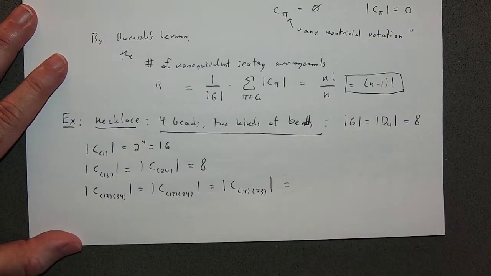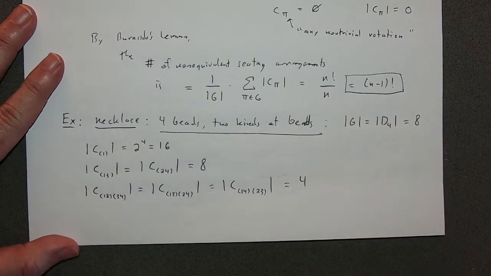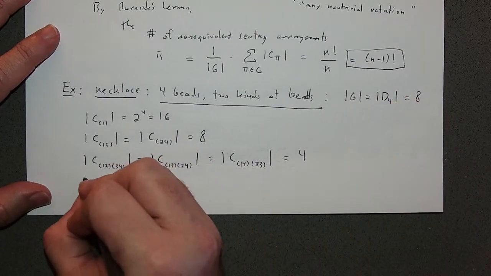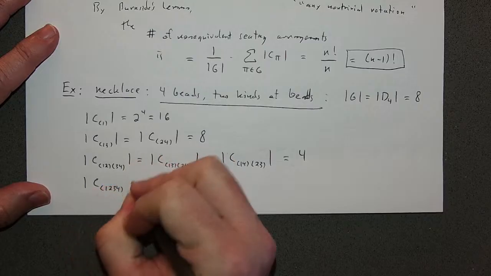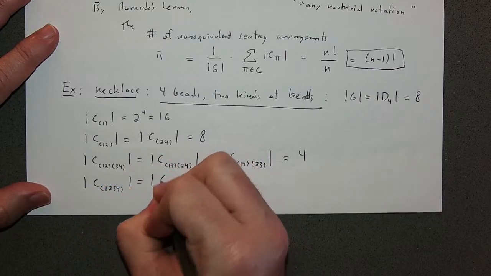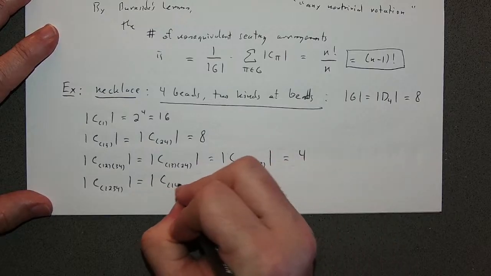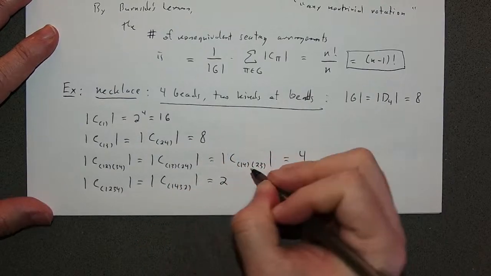What about the size of these invariant sets? These have size 4. And the 4 cycles, their invariant sets, so 1, 2, 3, 4, this is the same as the invariant set for 1, 4, 3, 2. These both have size 2.